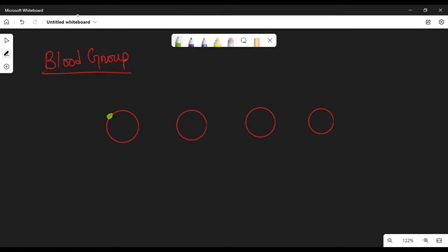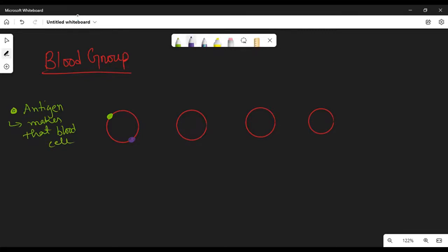So the first special thing is antigen. And you ask, what is antigen? Antigen is what makes that blood cell. That is the antigen.